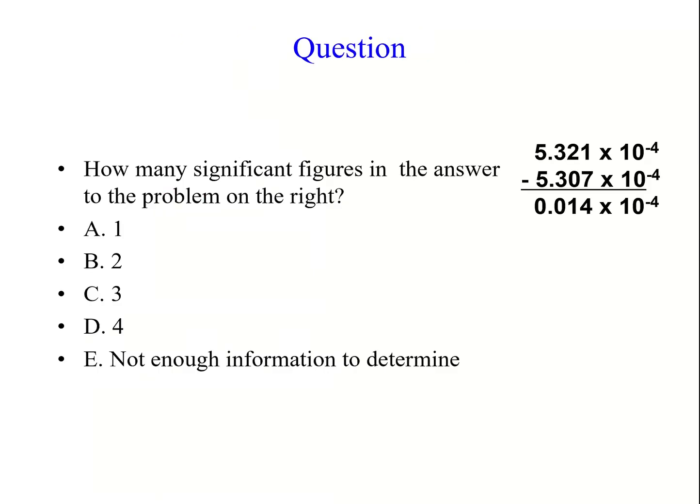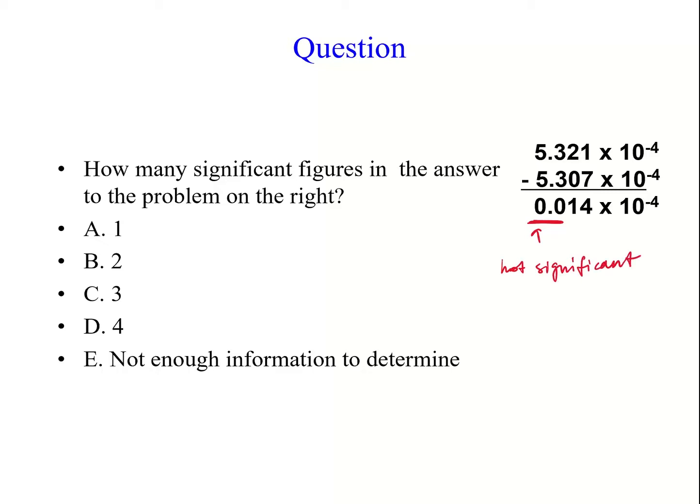How many significant figures are in the answer to the problem on the right? Let's take a look at the answer, 0.014 times 10 to the negative 4th. If you remember, leading zeros are not significant, because they may come and go when we use scientific notation.